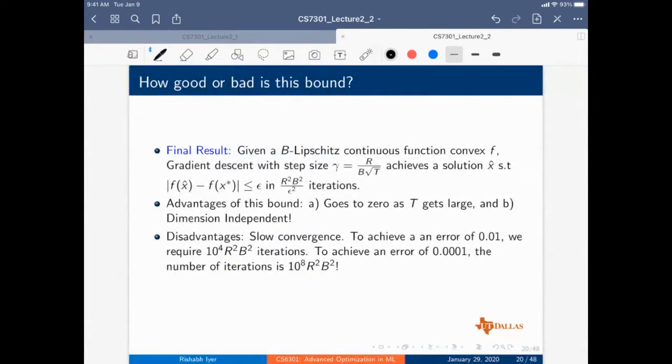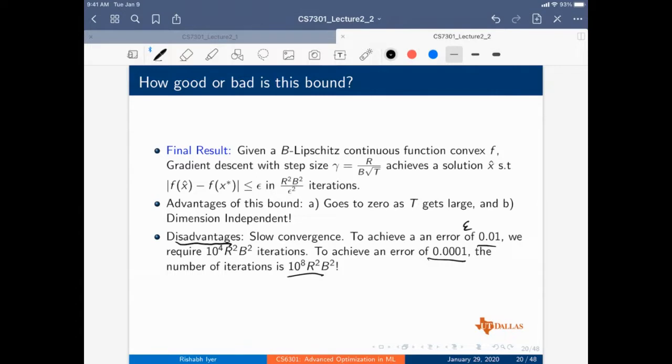Okay. The disadvantage with this result is that it has slow convergence. To achieve an epsilon error of 0.01, you require 10 raised to 4 multiplied by r square b square iterations. And to achieve an error of 10 raised to minus 4, you require 10 raised to 8 multiplied by r square b square.